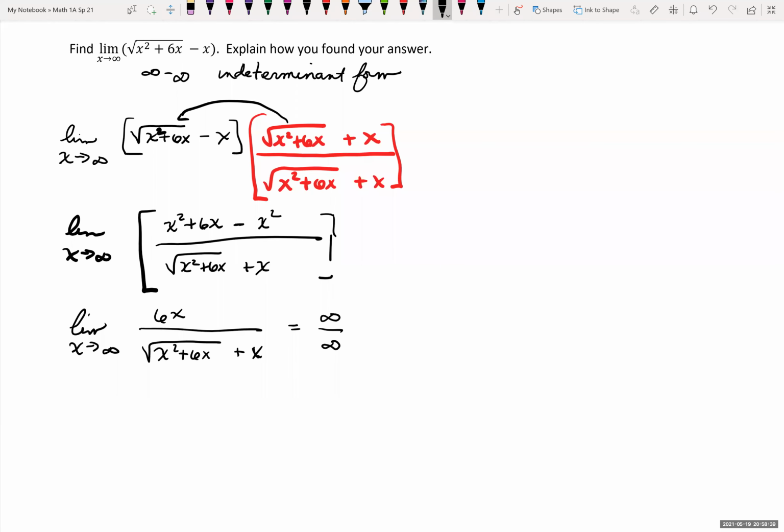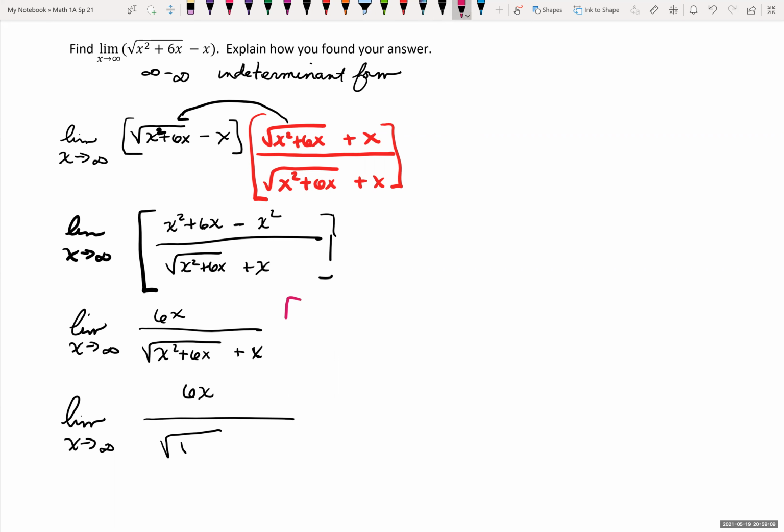Remember, if we get infinity over infinity, we can divide by the variable to the highest power in the denominator. So we can also think about it that way. Let's again multiply by this fancy one. I'm going to just do it right here.